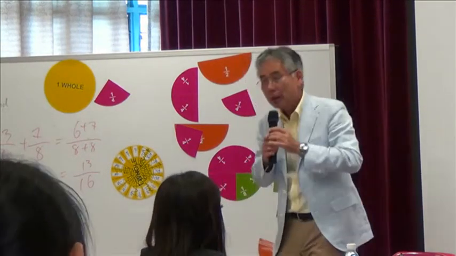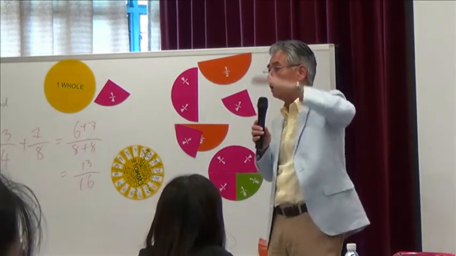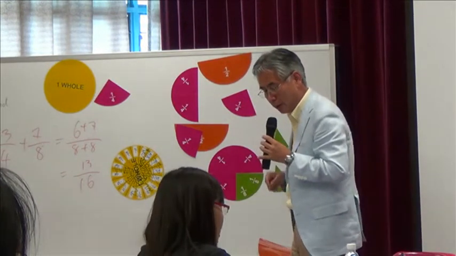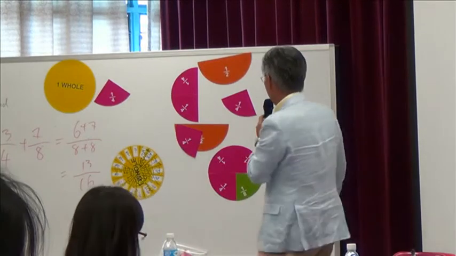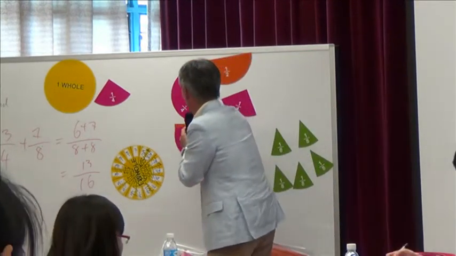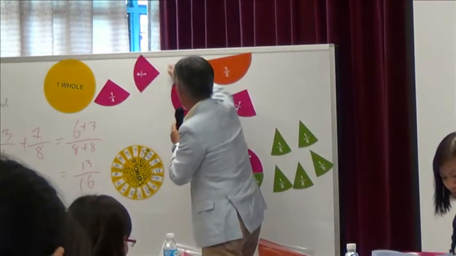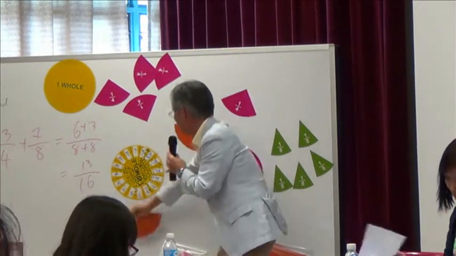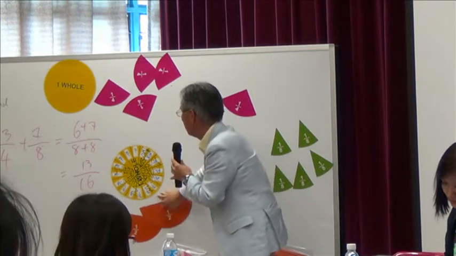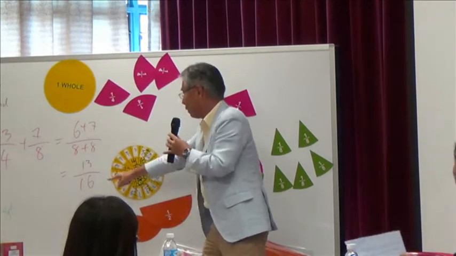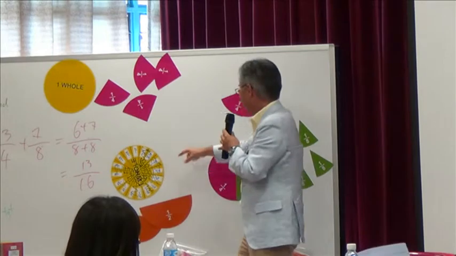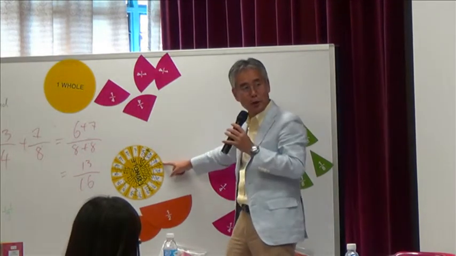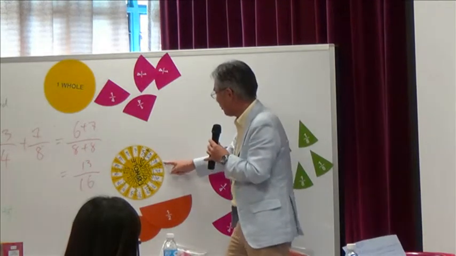Okay, next one. There are two problems, but I want to discuss the second one, 6 plus 7, 8 plus 8. So the 16, oh, this one, right? I think you spent so much time writing.